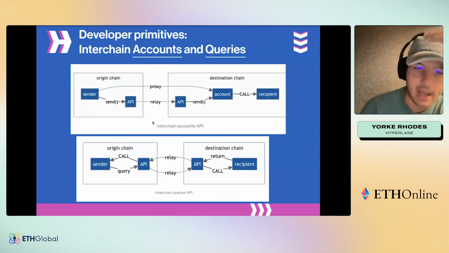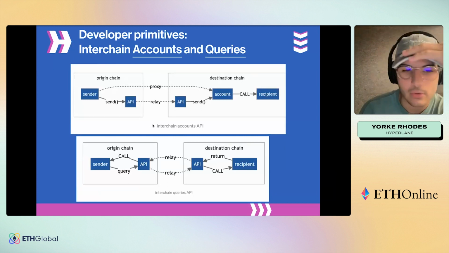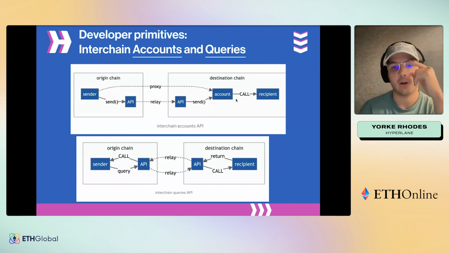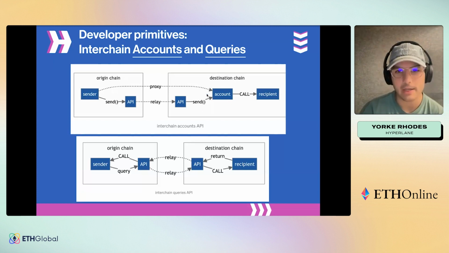And this interchain accounts API basically allows you, as a contract on the origin chain, to send a call, like an ETH call, that you want to be made on the destination chain on your behalf.